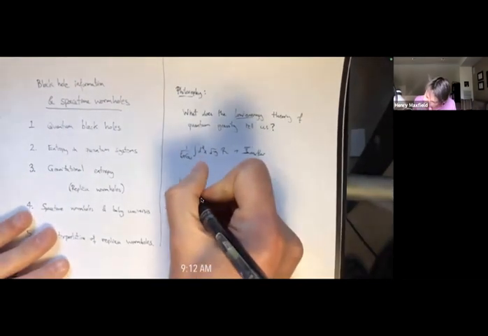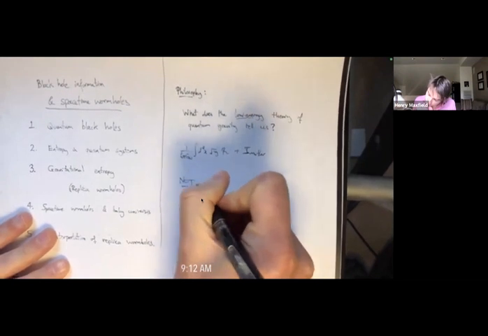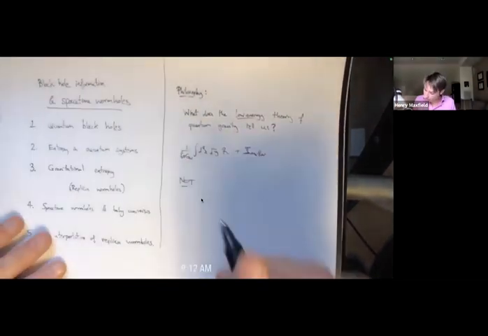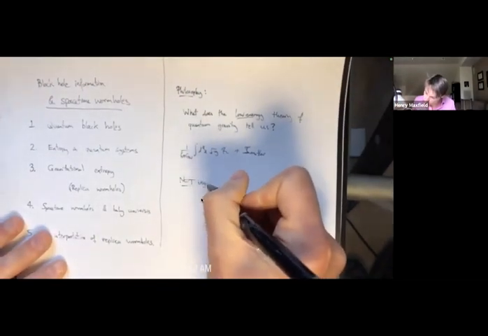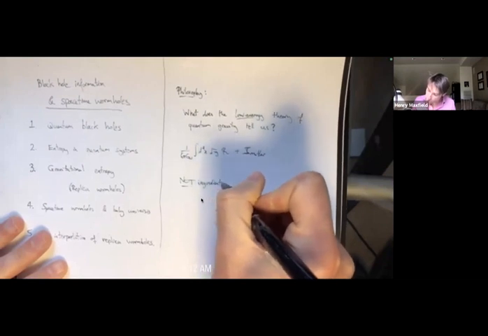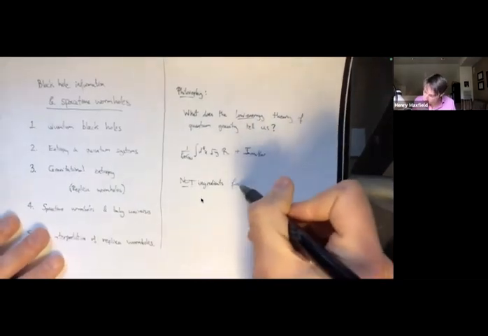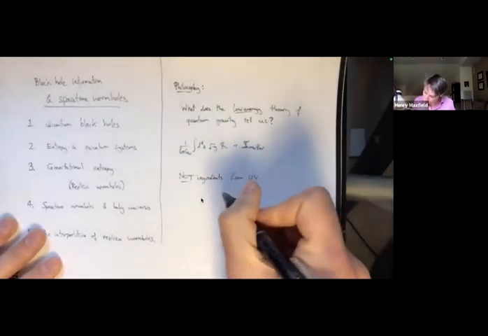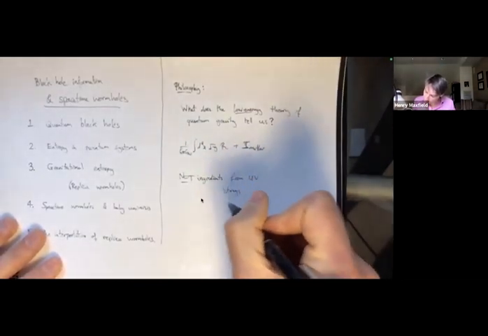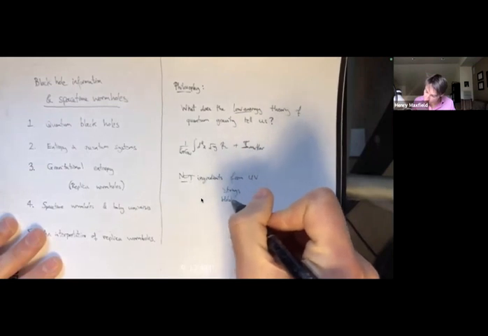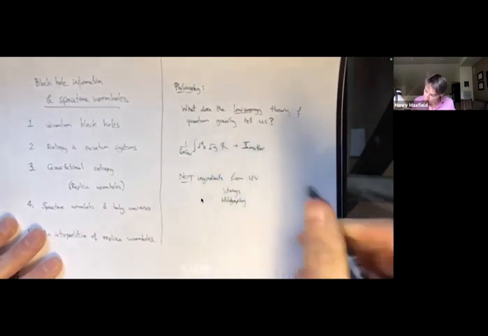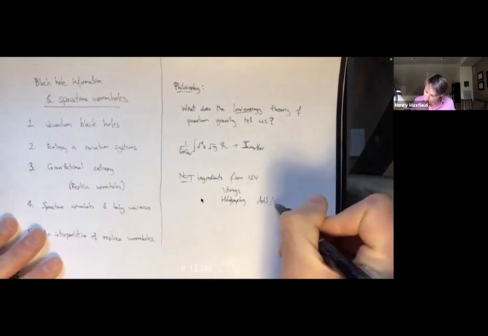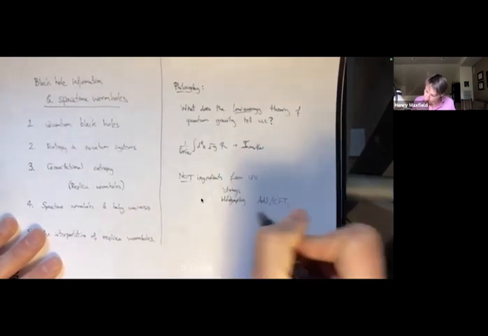So in particular, I'm going to try to avoid as much as possible using ingredients from some kind of short distance UV completion of the theory. So I'm not going to use anything like strings. In particular, I'm going to try to avoid using any sort of holography or AdS/CFT as much as possible, and these kinds of things.